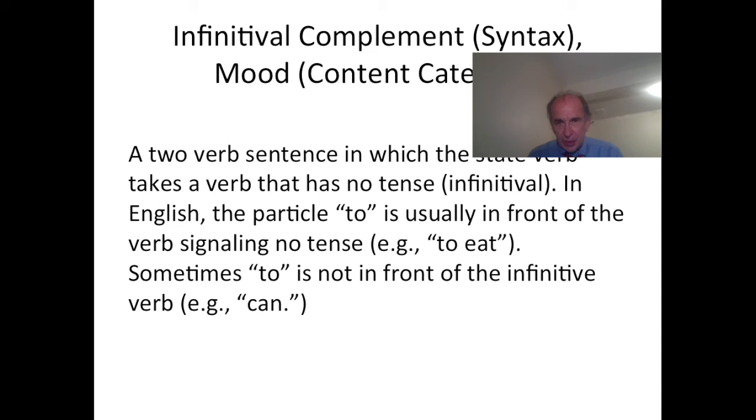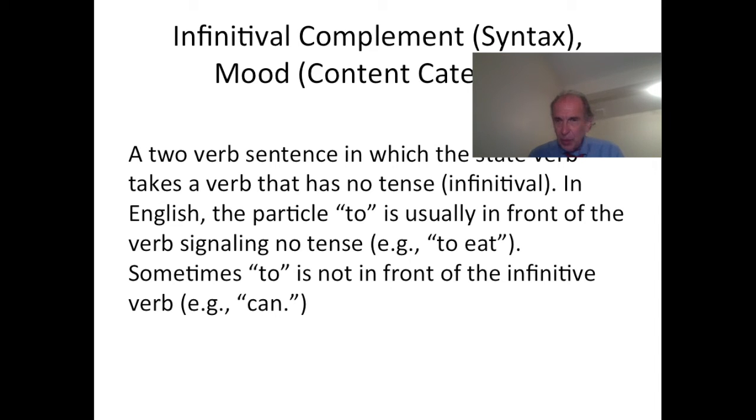In other languages, the infinitive is marked not by a particle in front of the verb, but usually by a morpheme added to the verb. For example, in French, eat is manger. Er, in the spelling of it, signals infinitival.